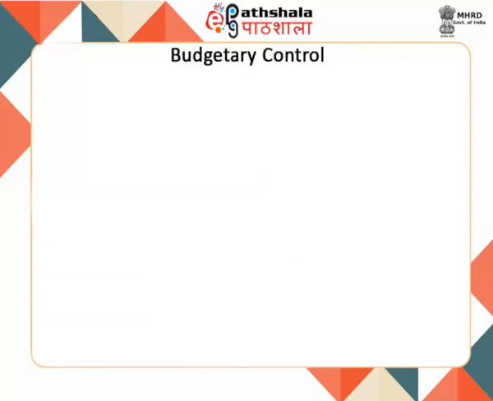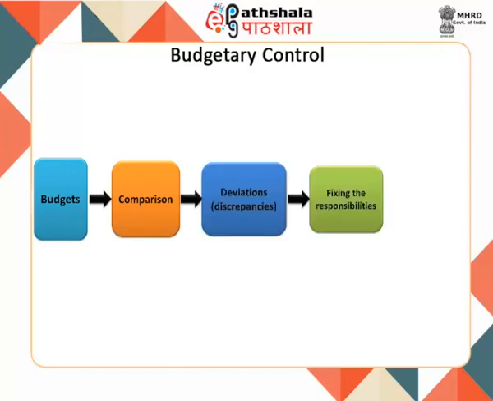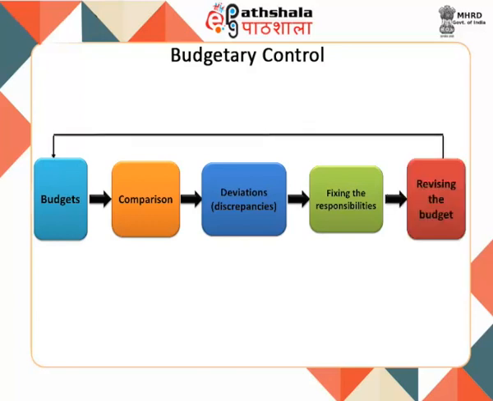Based on the definitions, it is evident that the budgetary control involves establishment of budgets, continuous comparison of actual performance with budgets, finding out discrepancies, fixing the responsibilities, taking corrective measures, and revising the budgets in the wake of changes in circumstances.